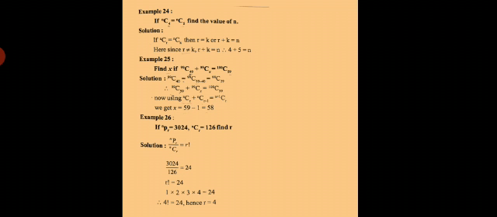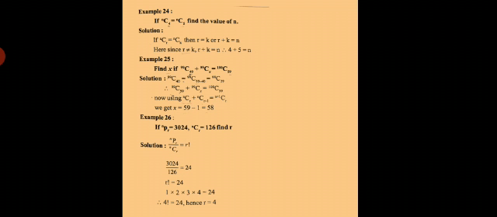Next one: if nPr is equal to 3024 and nCr is equal to 126, find r. So students, I will give you the clue. Here both nPr and nCr are given. To find the value of r, you just divide these two numbers, you will get the r factorial value.